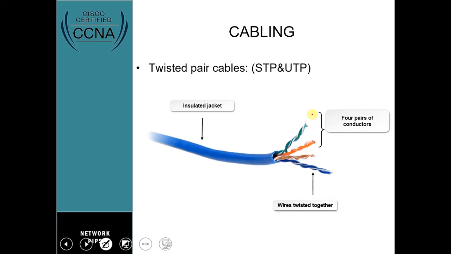It might have a kind of foil covering it, and it's thicker also than the unshielded twisted pair. This one on the screen is more of the unshielded twisted pair.